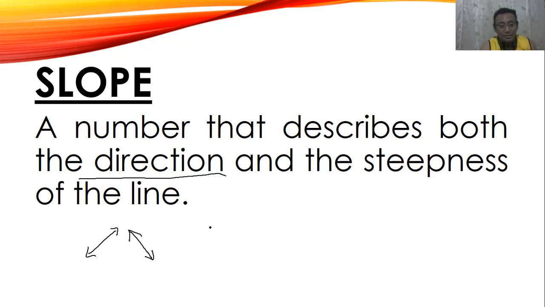So, if the slope is positive, kailangan alam natin that the tangent line or the line natin is increasing, pataas siya. If the slope is negative, we should be aware that the line is decreasing or pababa siya.